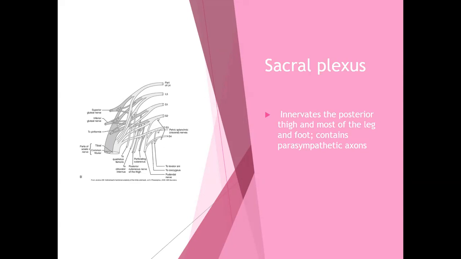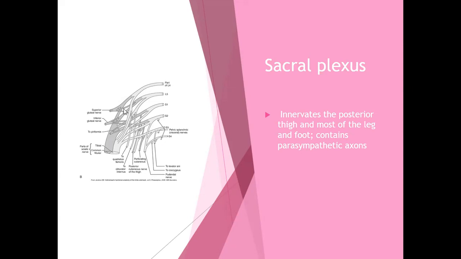So even though there's that saphenous branch of the lumbar plexus that innervates the medial side of the lower leg and foot, most of it is innervated by the sacral plexus. The sacral plexus contains the parasympathetic axons as well. The relationship of the lumbar and sacral plexus to the vertebrae is shown in this diagram.